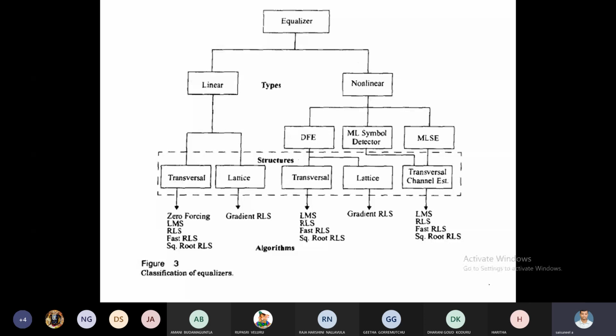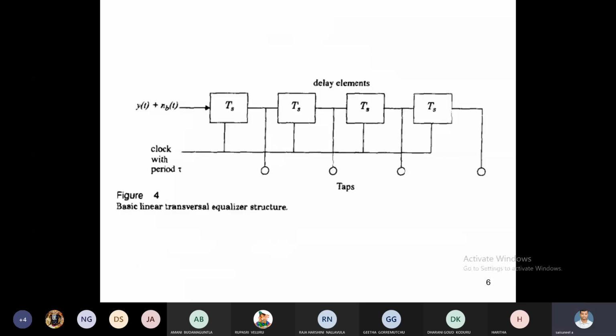You know what a tap connection is? Suppose you are in your home having an overhead tank, and you fix taps at a number of places. In whichever place we want water, we open the tap and take water. Similarly here, a number of delay elements are fixed in these equalizers. The delay elements are spaced by TS. Previously we discussed the inverse Z transform.